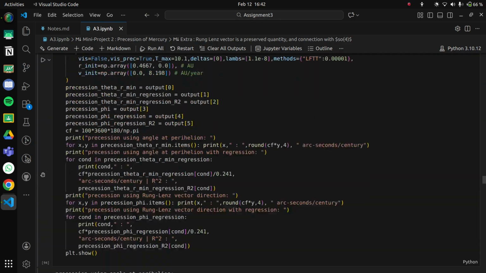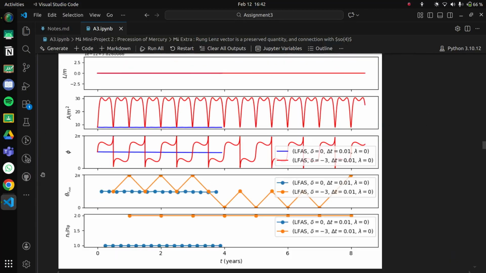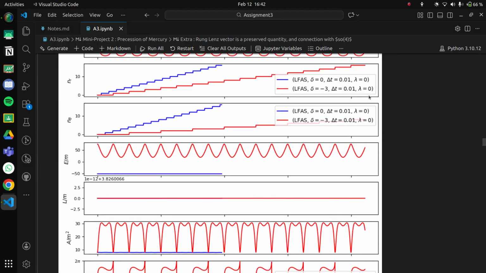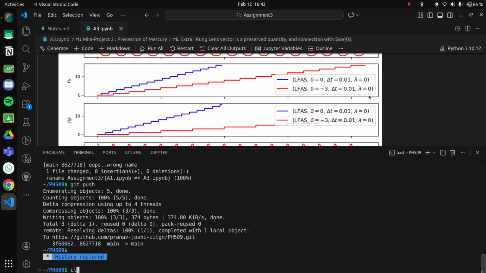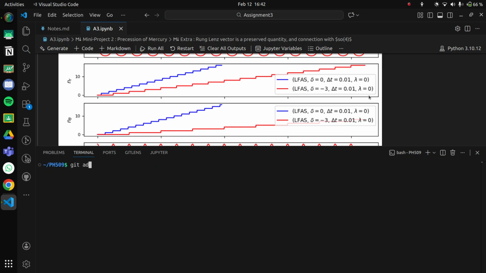Now I'm just gonna do the third mini project real fast. Before that, just let me push this thing. Extra.